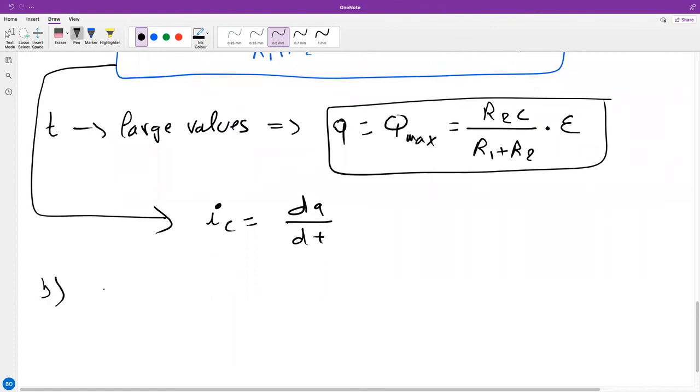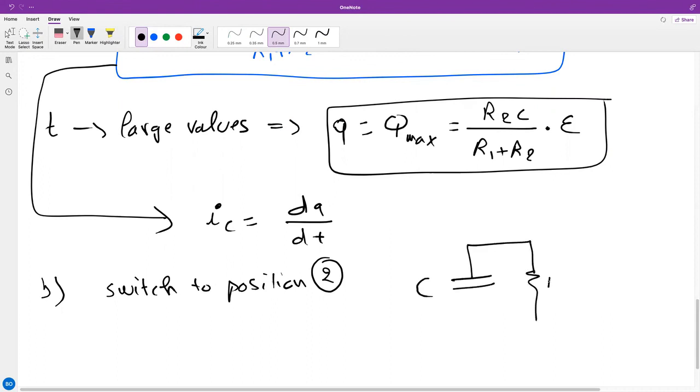Then we can also ask another question. If we move the switch to position 2, where the capacitor is already charged, the circuit becomes C, R1, R2.